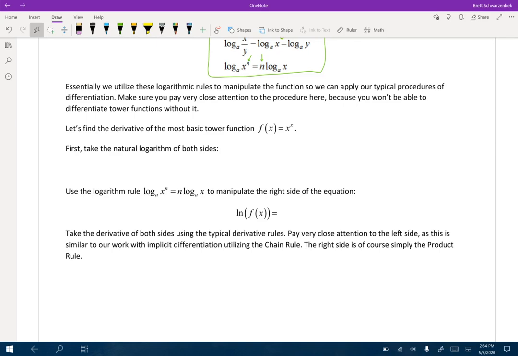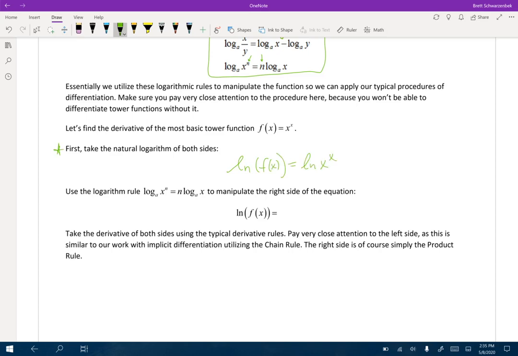So what do we do? Well, we can't use the derivative of a power or an exponential on a tower function. So we need to be creative here. We need to do something different. What we do is take the natural log of both sides of our equation.